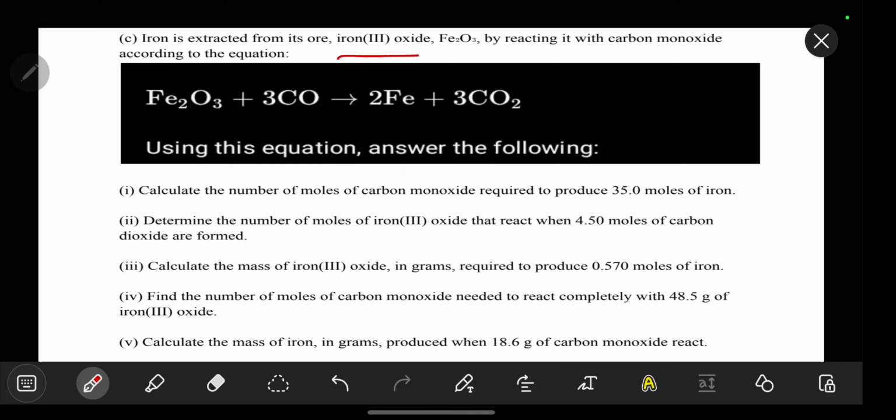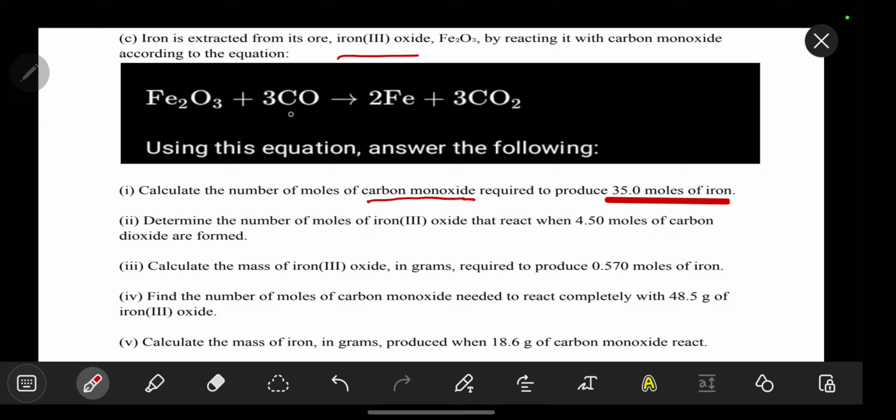Let's calculate the number of moles of carbon monoxide required to produce 35 moles of iron. What you compare with is determined by how much information you have. So what they want is to calculate the number of moles of carbon monoxide required to produce 35 moles of iron.